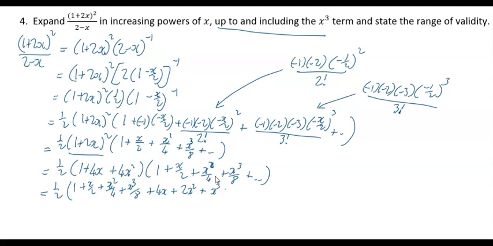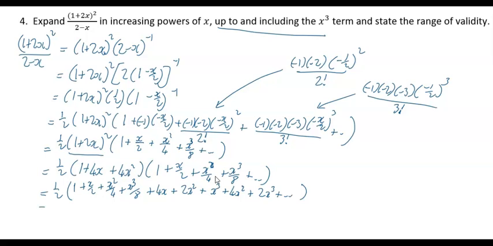And then this is my 4x squared times 1, so 4x squared. And then this is my 4x squared times x over 2, which is just going to be 2x cubed, plus dot dot dot. So notice I haven't gone beyond my cubic terms.